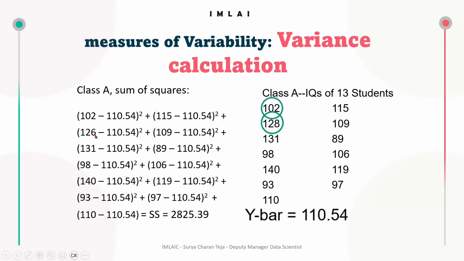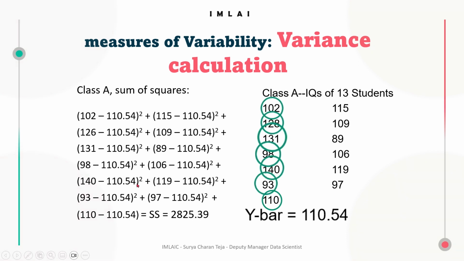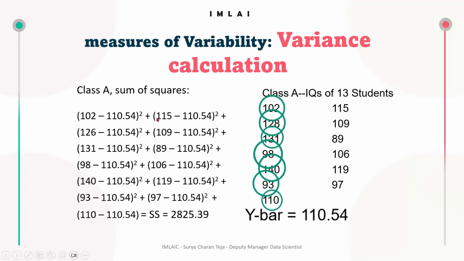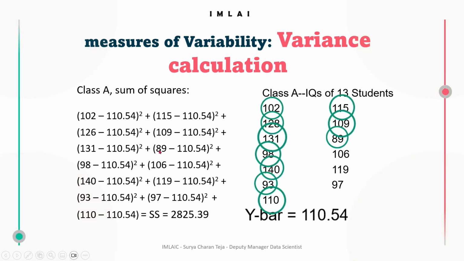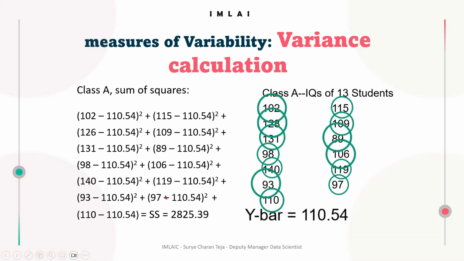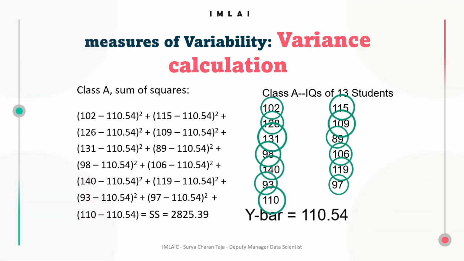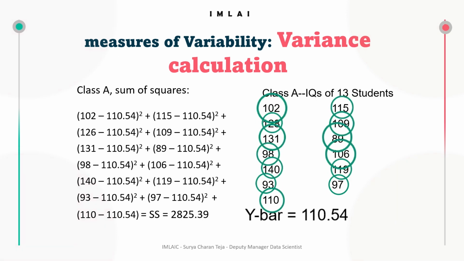Then 128, then 139, then 98, then 140, then 93, then 110, then 115, 109, 89, 106, 119, and 97, each with their deviations. So all deviations are calculated, then squared, and then summed up.